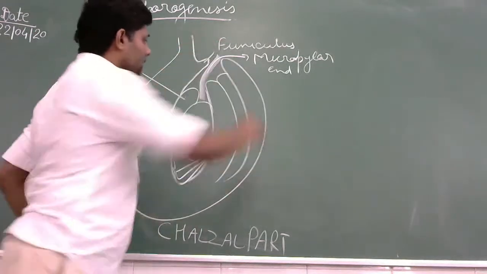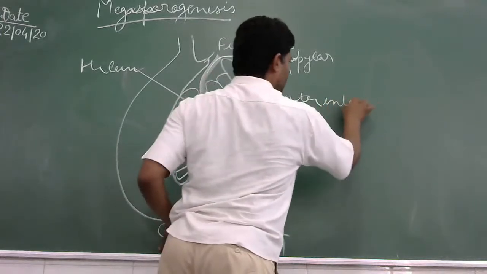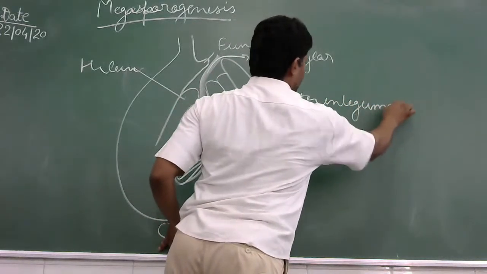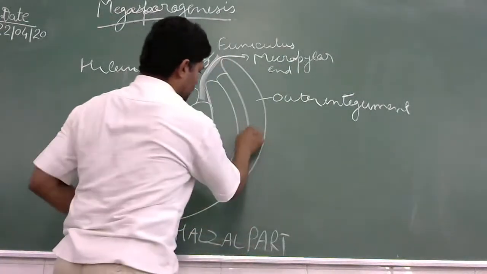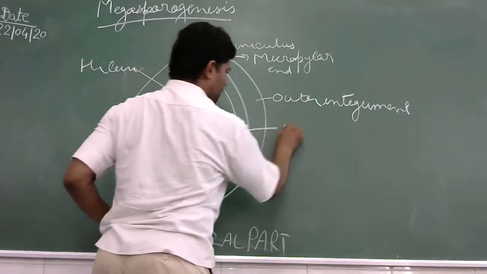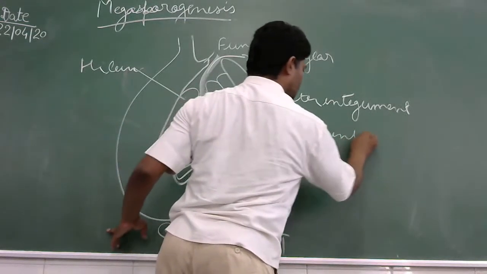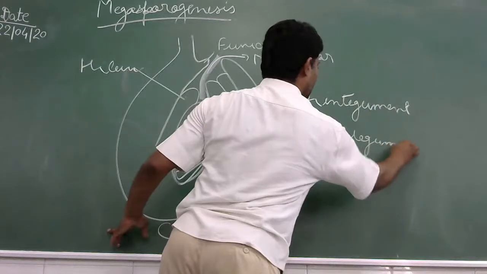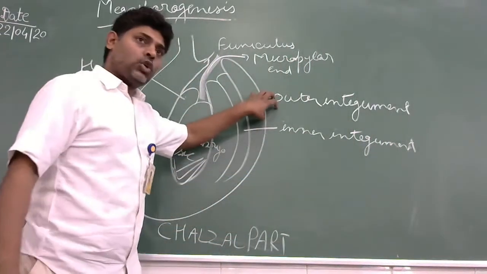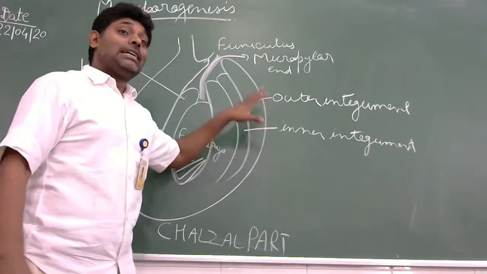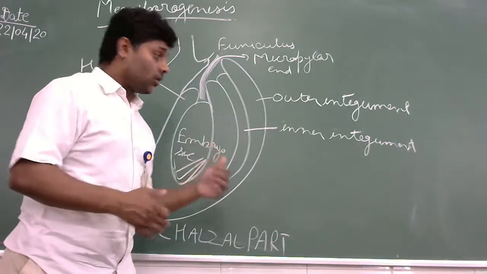And this covering is the outer integument. Just before it, this is the inner integument. So this outer integument and inner integument protect the embryo sac, right?